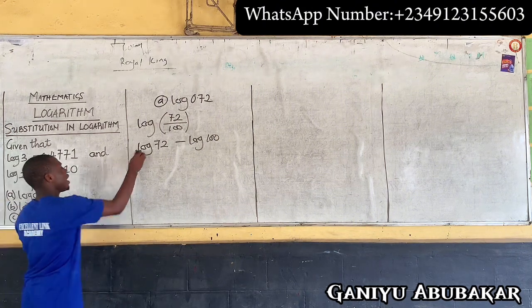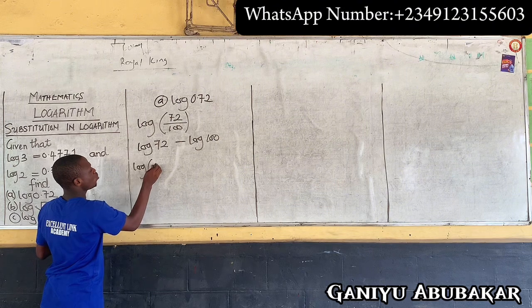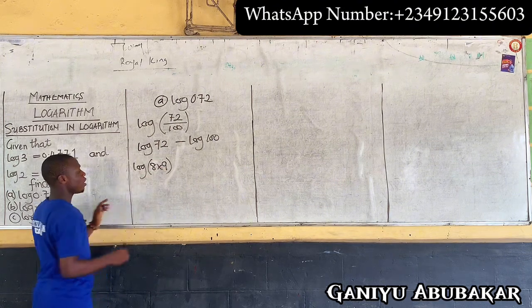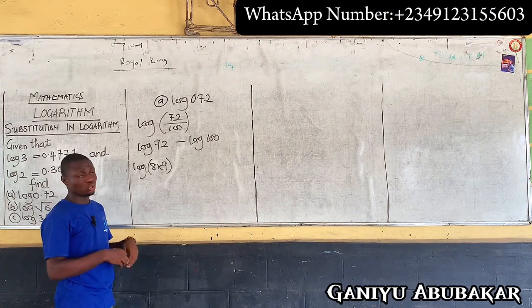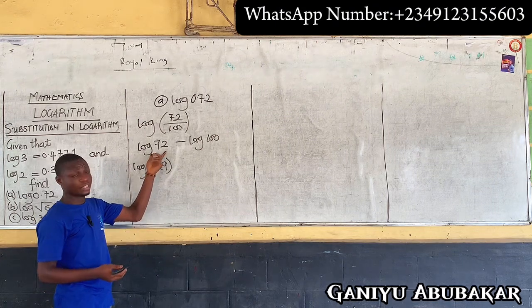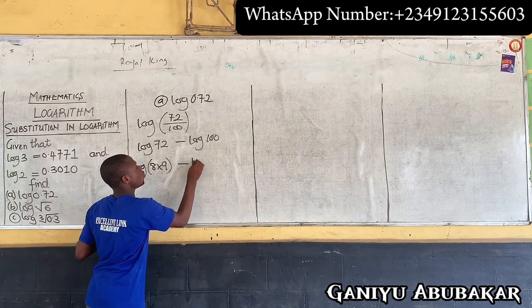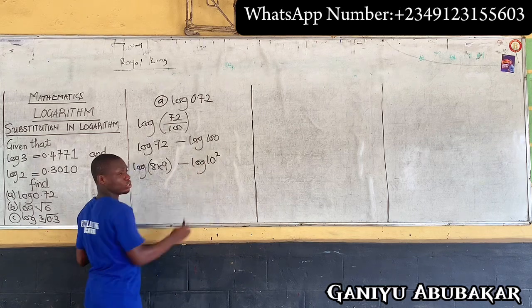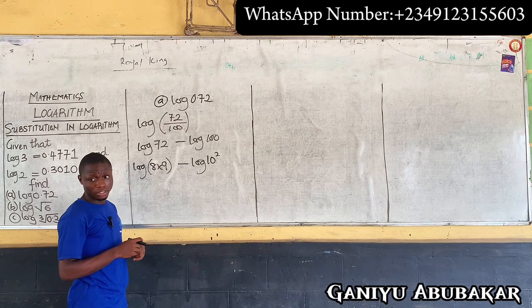So if I have log of 8 times 9, if I multiply 8 times 9, that gives 72, right? Minus log 100. 10 to the power 2 is 100, am I correct?